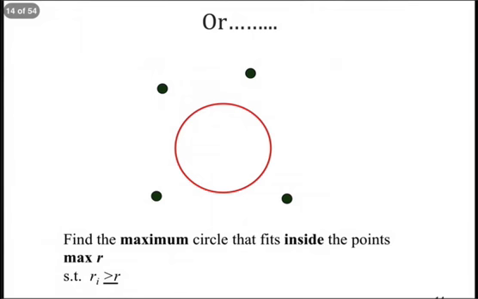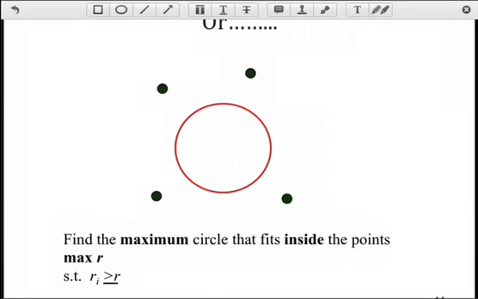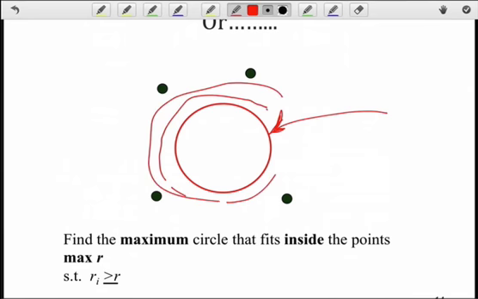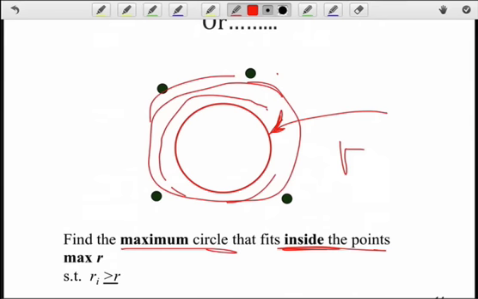Or conversely, what we could do is take a small circle, as you see here, where all the points are outside the circle. Then we're going to keep expanding the circle until we find the largest circle, the max radius that fits inside the points. So we're essentially saying all the points have to lie either on the circle or outside the circle. So it is the inscribed circle of our set of 4 points.